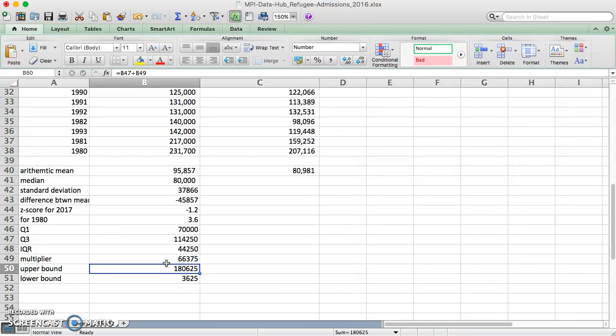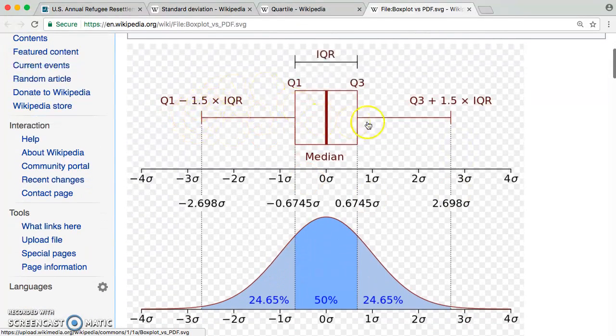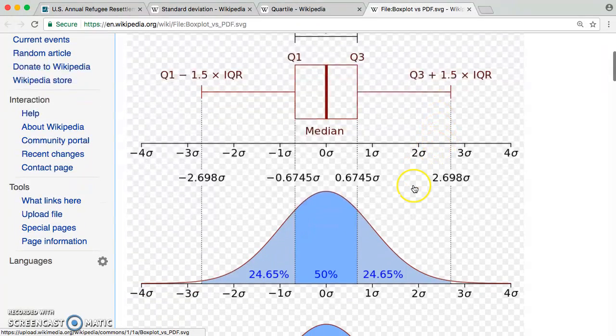What's interesting here is that we see our upper bound, and this is showing the measures of central tendency, both median and mean, on the same graph. And we'll get to where we use each one in a moment. What we can see is that the upper bound and the lower bound correspond to a z-score of approximately 2.698, approximately 2.7.